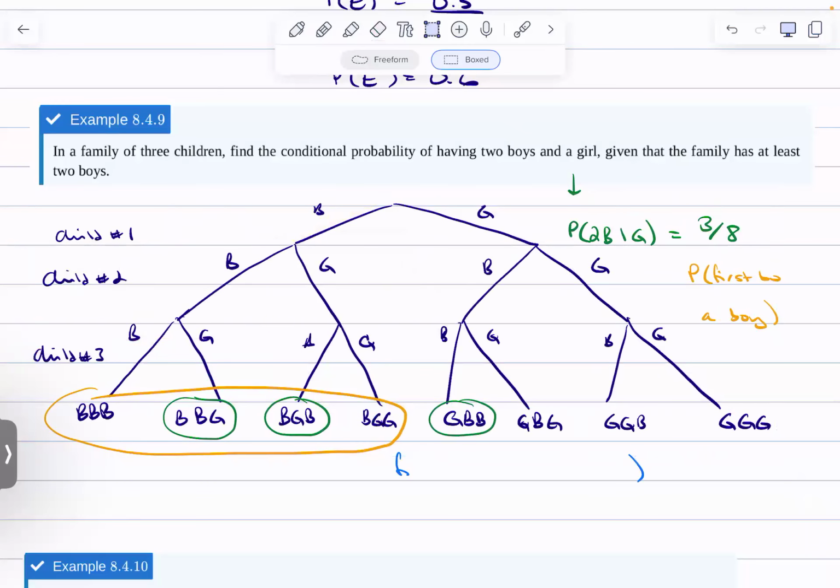And they have at least two boys, which here they have three boys, here they have two boys, one boy, no, two boys, one boy, no boys. So now the overlap, the probability of E and F, is going to be the ones where you've circled them twice, which is those 3 out of 8 outcomes.